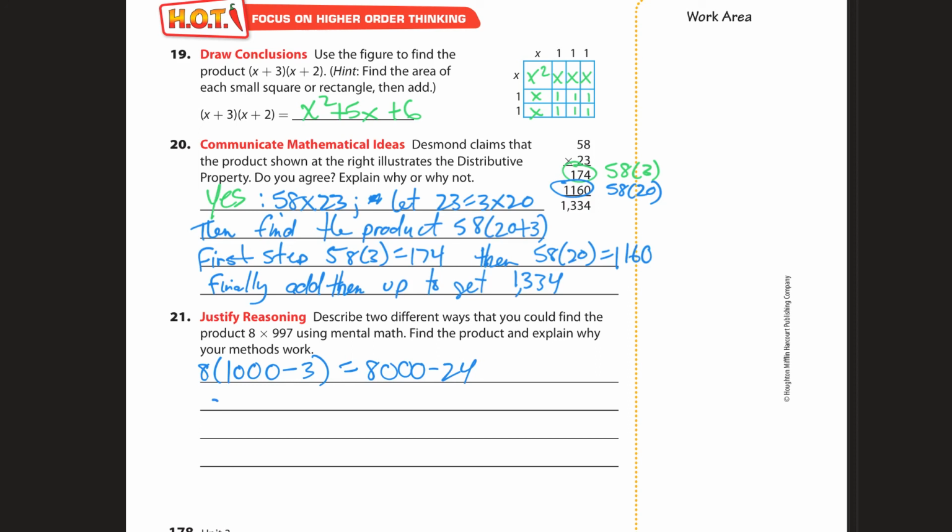Or, well, you can do 8 times 900 plus 90 plus 7. Okay, so you get what? That's equal to 7,200 plus 720 plus 56, and you should get the same answer.